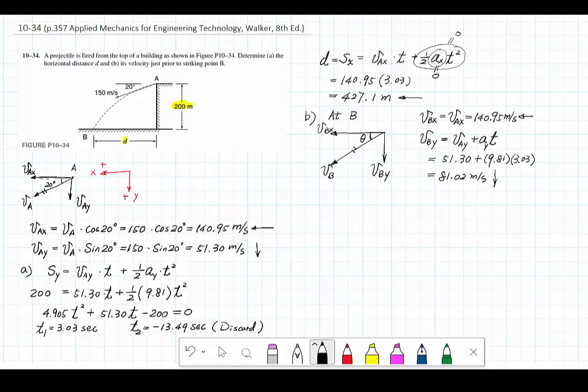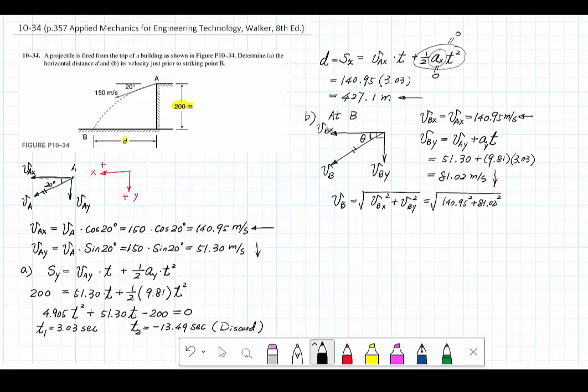Okay, so now I need the resultant of these two components, and it has a 90-degree angle, right? So VB should be equal to the square root of the x component VBX squared plus VBY squared. So that equals 140.95 squared plus 81.02 squared.